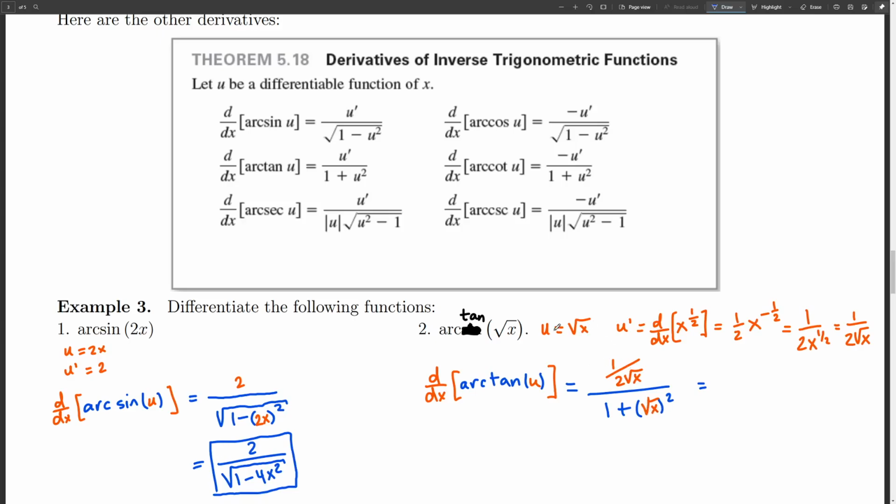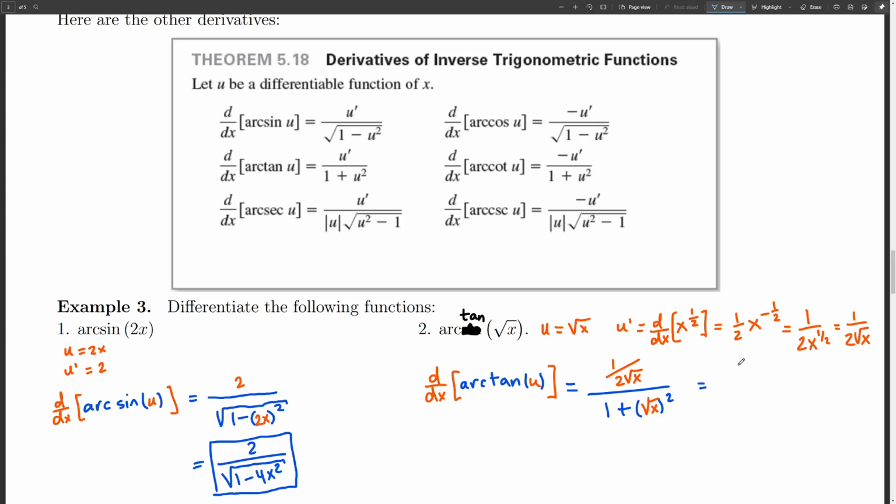Now note that x has to be non-negative for this expression to make sense. So we cannot plug in negative numbers. When you take the square root of x and you square it, you're just left with x.